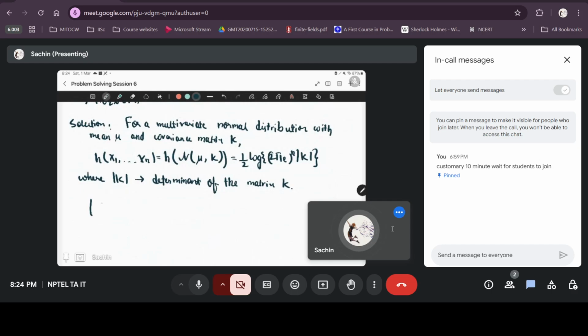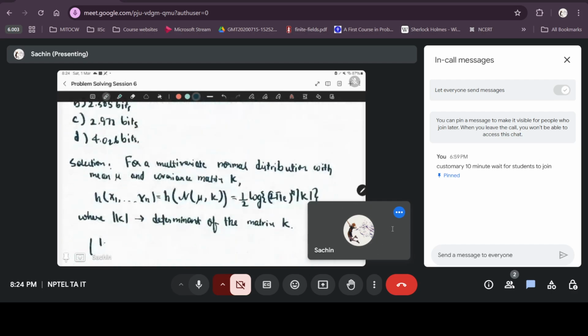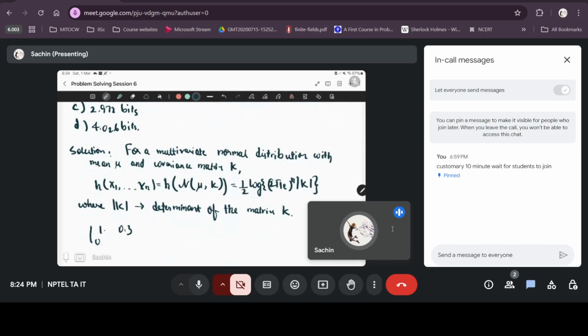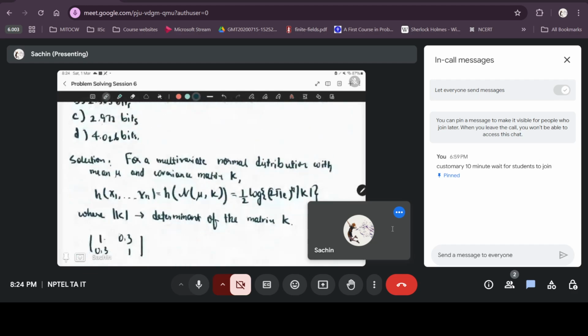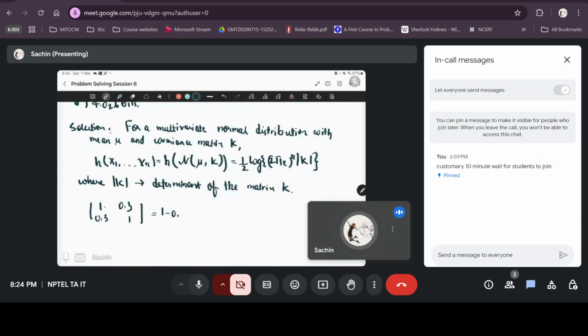So the determinant of 1, 0.3, 0.3, 1 is 1 minus 0.9.